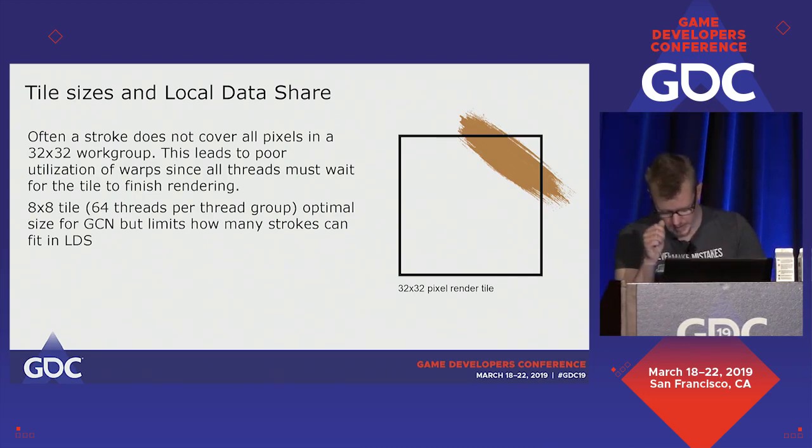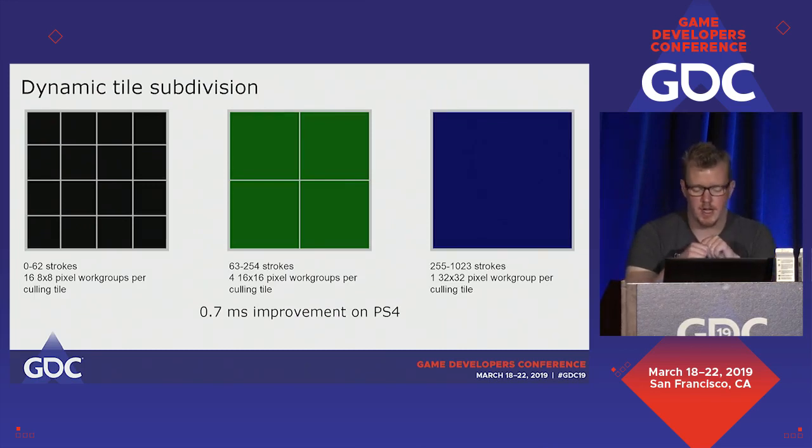So what I did instead is that I would keep the fine culling at 32 pixels, but I would then run 3 different render kernels after each other, each optimized for a different amount of strokes in that culling tile. And I did this first as a quick test to see if the approach would work out. I thought I would have to do some kind of quick, clever scheduling, but it turns out it was actually really, really fast.